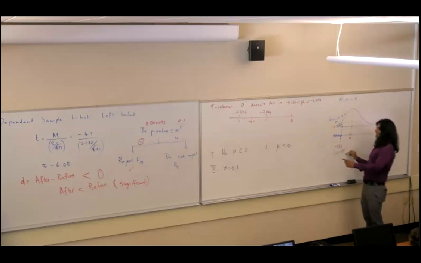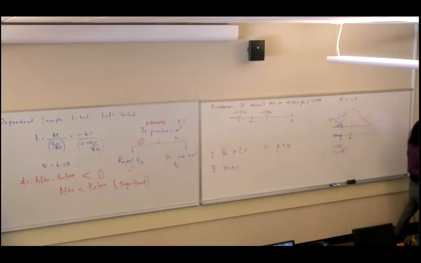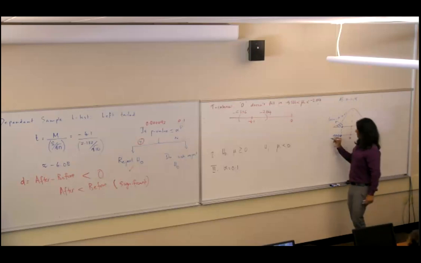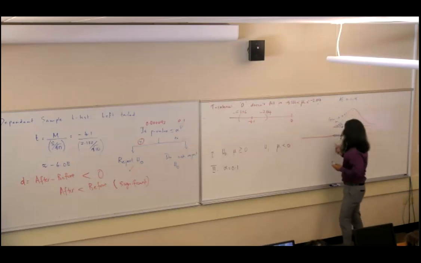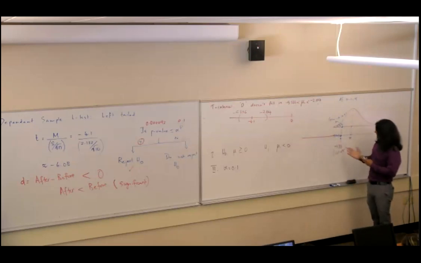Now, where is my test statistic that I got from the data? Is it in the rejection region? Yes or no? Absolutely. 0 is over here, negative 1.383 is over there.